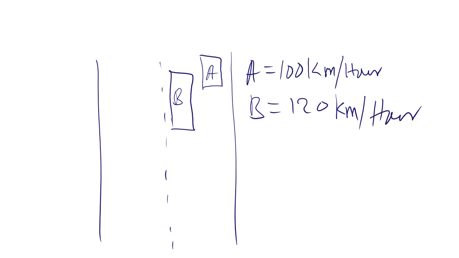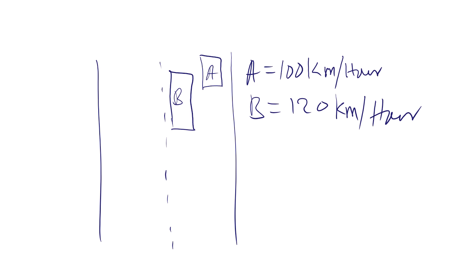Now if somebody is in car A and the observer is in car B, with what speed will B overtake car A? Or somebody in car A will see car B overtake them with what speed?